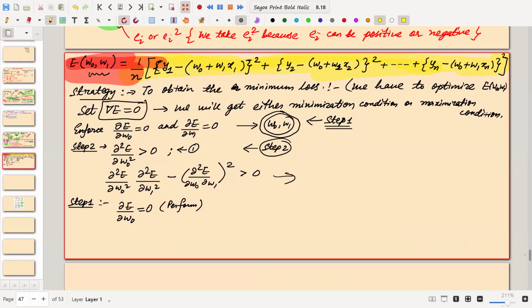But we are not taking only the residual, we are taking the square of the residual. So the squared residual is y1 minus (w0 plus w1 x1), then the square. The difference and the square. I will tell you why we are taking the square and not just the sum. Agree? That's what you exactly see here, isn't it?